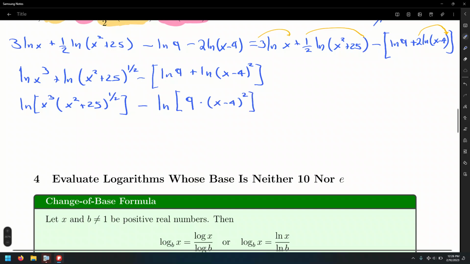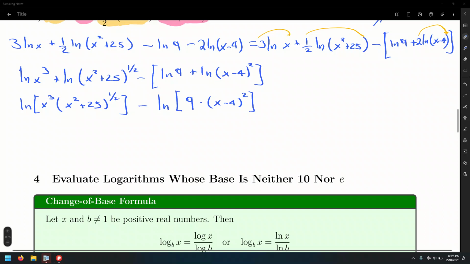All right. So that's a product because we have an addition symbol. The addition of two logarithms is the logarithm of the product of the two arguments. And overall, we have a difference between two logs.